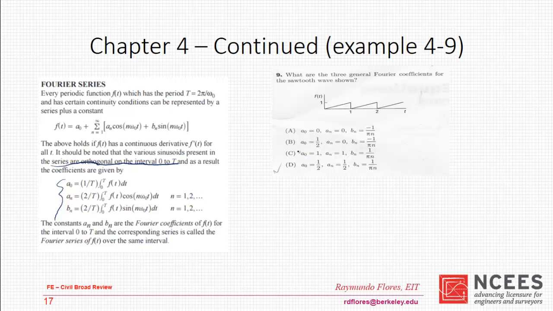So here's an example. It says, what are the 3 general Fourier coefficients for the sawtooth wave shown? To do this, let's start with a naught equals 1 over T. We have a discontinuity, but that's okay, because technically that means this is the period. So the period is defined, in this case, by the discontinuity.